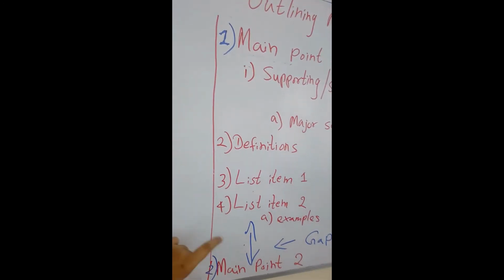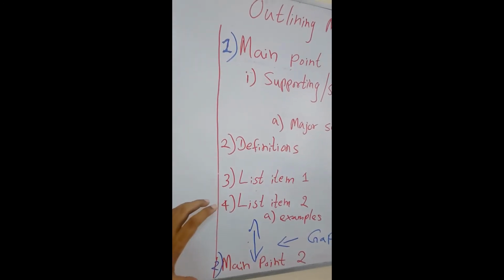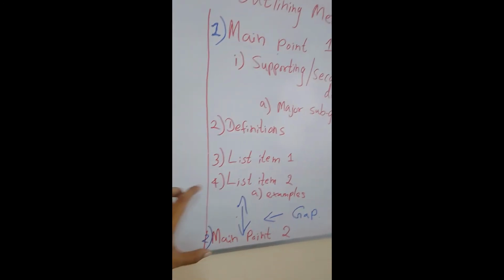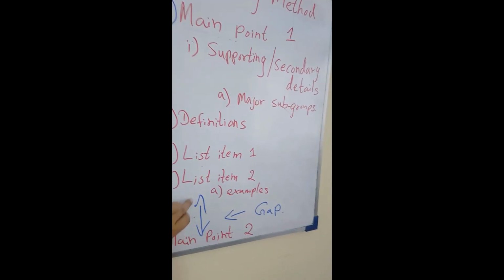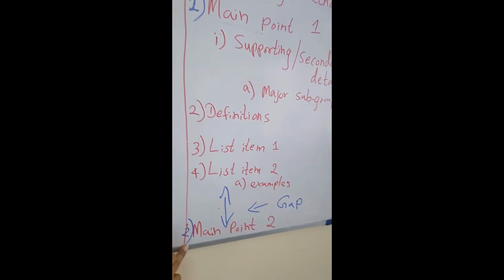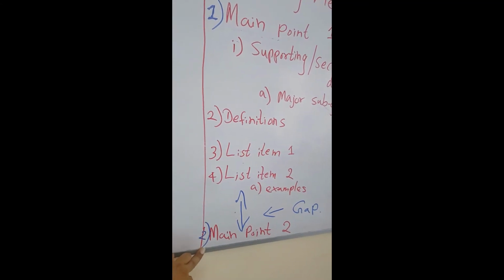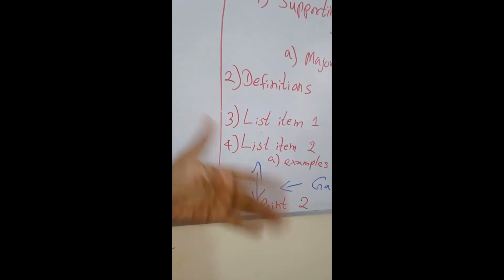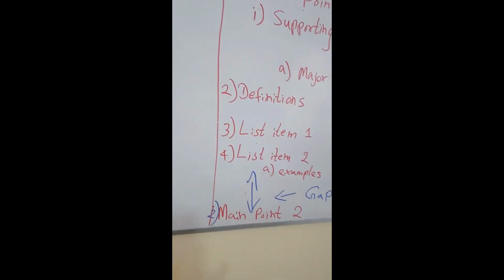If your lecturer moves to another main point, then what you can do is leave a gap of 2 to 3 lines to indicate that this is the starting point of a separate segment. So you will write main point 2 or whatever, you mention the main point and then you go on.